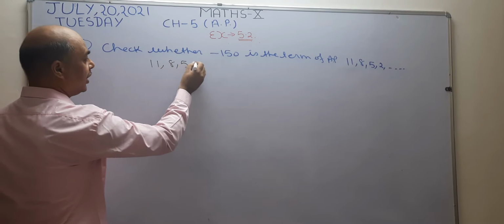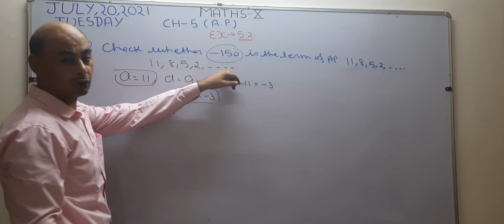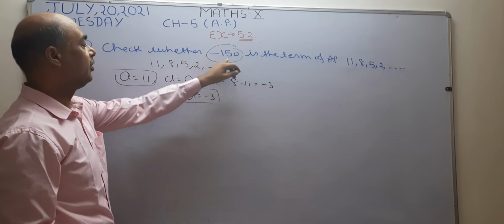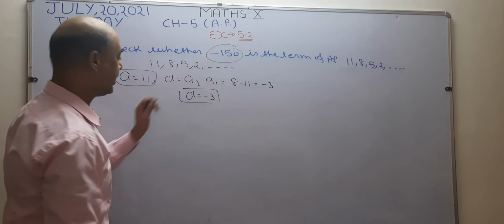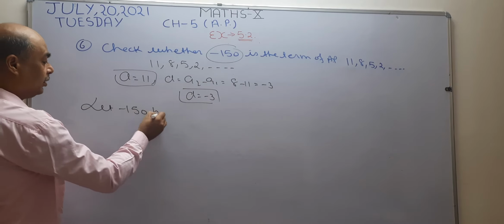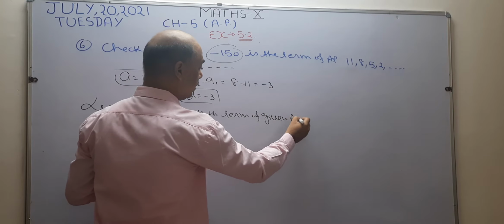Now, in this question, we are going to check whether minus 150 is a term of this AP or not. For this, let minus 150 be the nth term of the given AP.